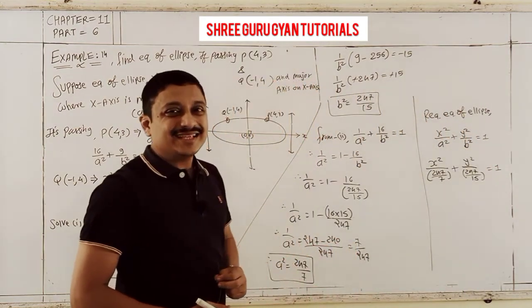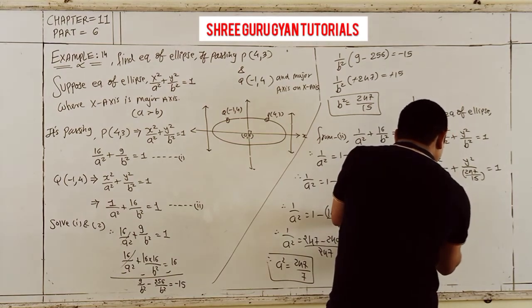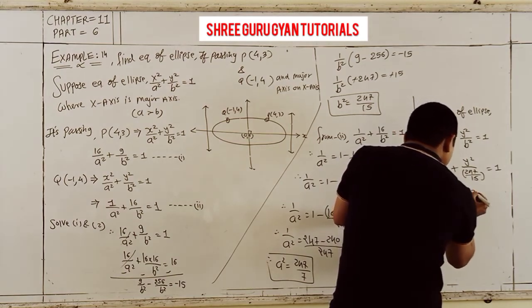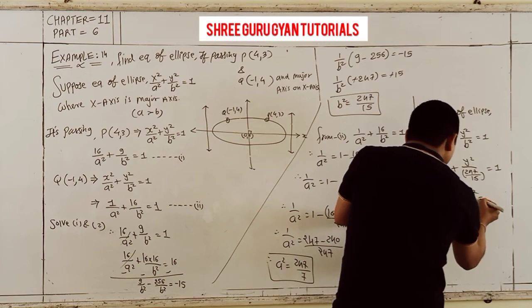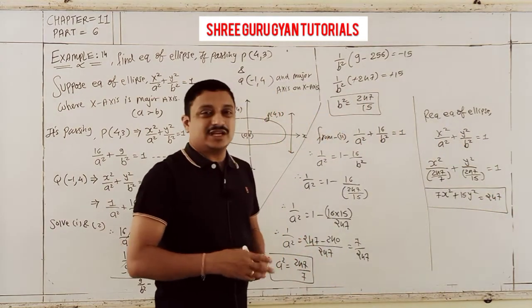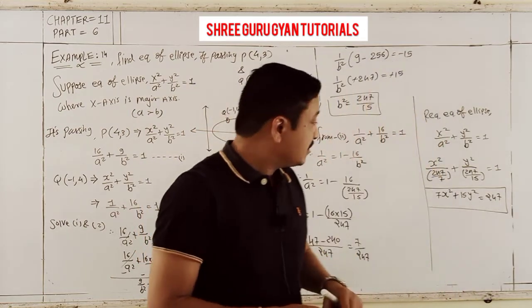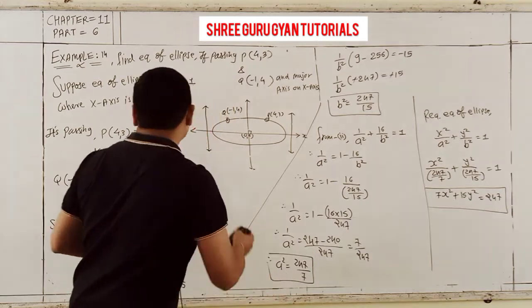Very easy and simple. So 7x square, 15y square equals, students, in your textbook the answer is written 247. Take LCM 247, carry forward to the right side, and the rest is the same. So the answer is 7x square plus 15y square is 247.